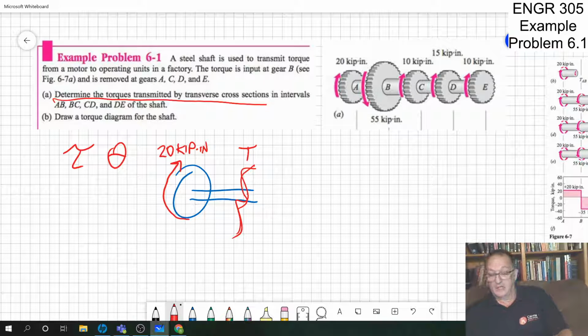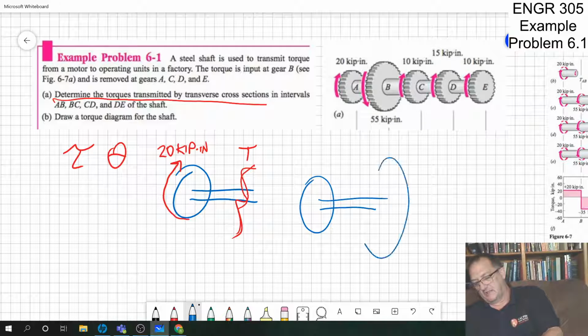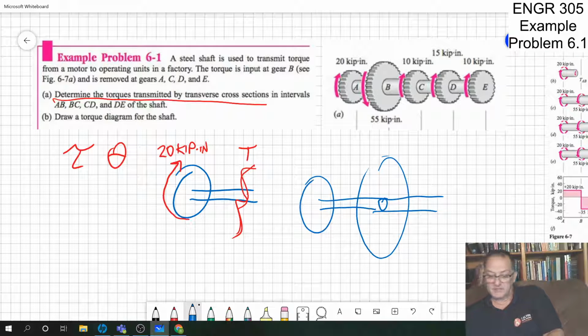Now let's keep going the same way. I'm going to cut it again. I'm going back to blue. I've got this one, and then I go here, and I've got this one, which is bigger, and then I keep going on, and I'll draw that. There's my center there.